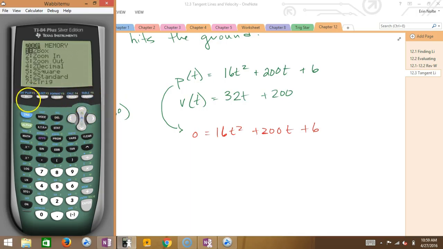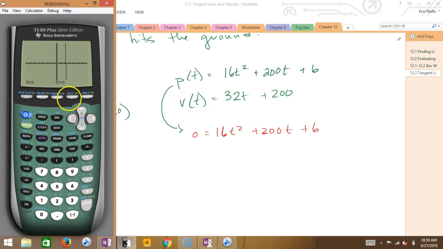Negative 16. Zoom out. Oh, there it is. So it's just super high.